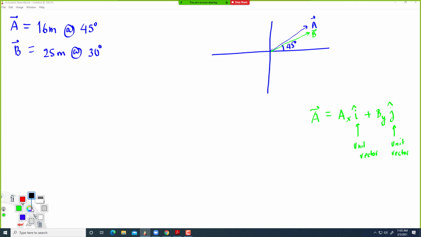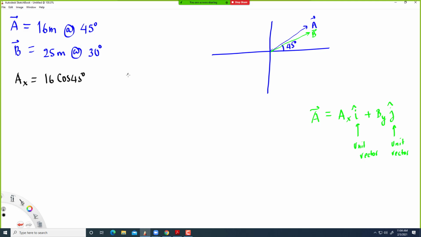So we want to write these vectors in this form. For that, we need to find ax and bx. So ax is 16 cosine 45 degrees.